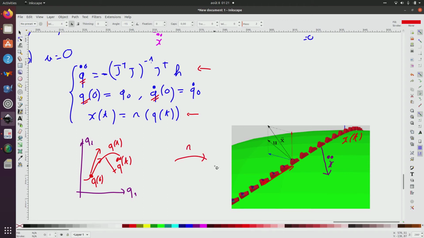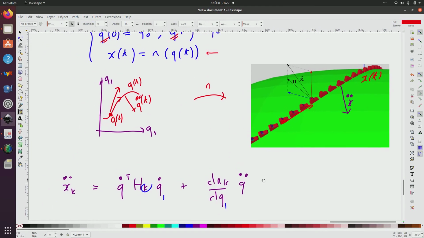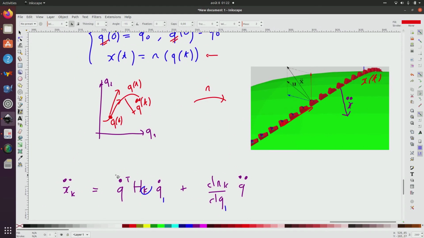Now what is important to know is that this one depends on Q, this one depends on Q, this one depends on Q, and H depends on Q and Q dot. So recall that I have previously added here hk, and it is the kth component of the differential equation.